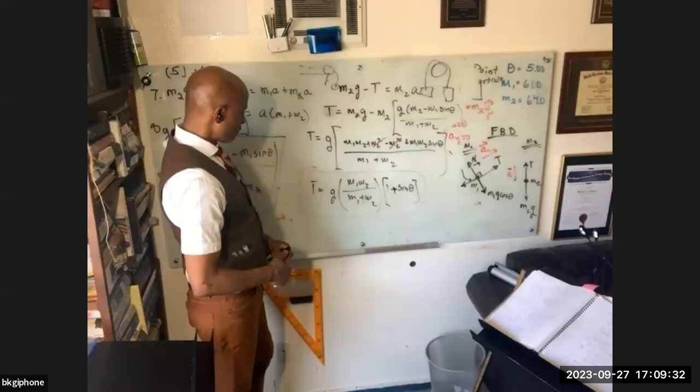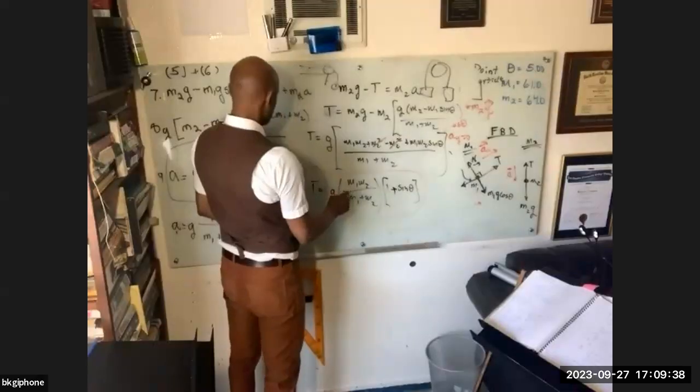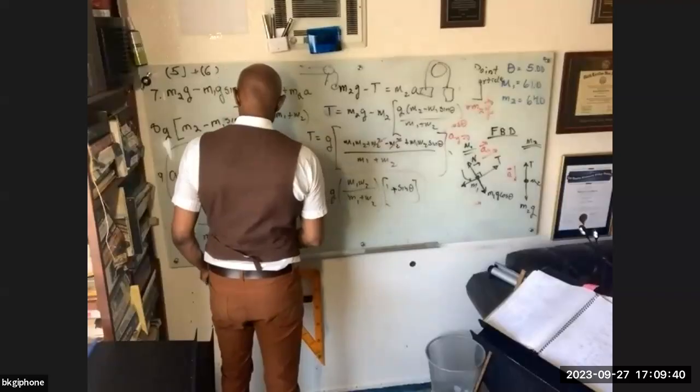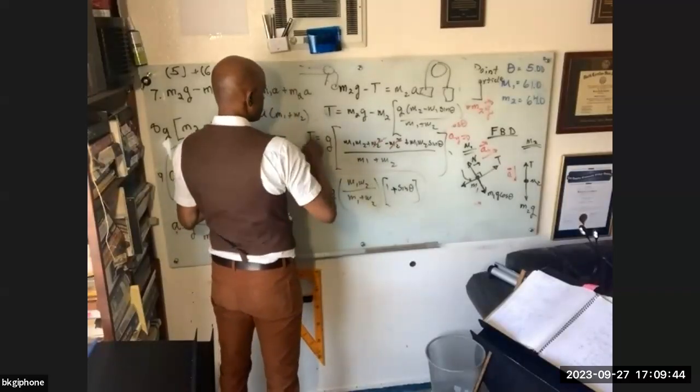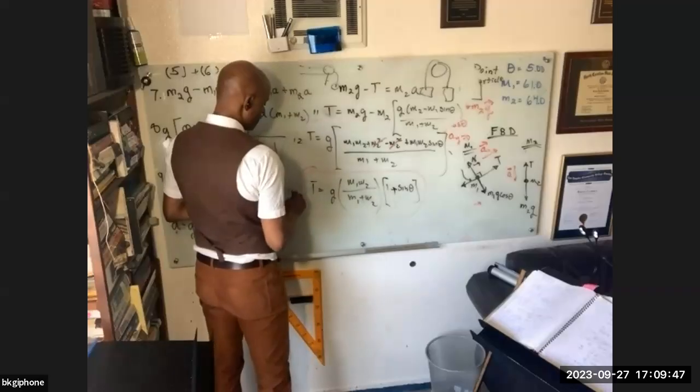Cool. Dr. Gamble, is W2 mass 2 times gravity? Where are you seeing W2? Oh, these are M's in the equation. Let me number them: 9, 10, 11, 12, and this is 13.